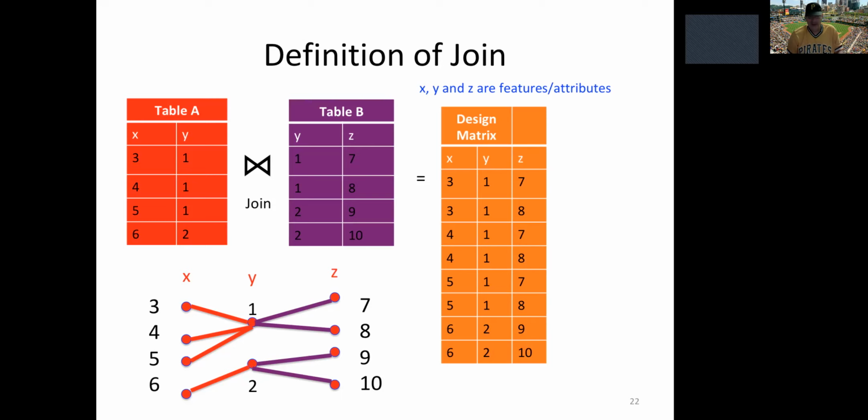So this join can be represented by this three-layer graph down below, and the join is just all the paths from X to Z there. There are 8 paths from the X level to the Z level. For example, one path is 3, 1, 8, and 3, 1, 8 is a row in the join. So the join is just all of these paths.